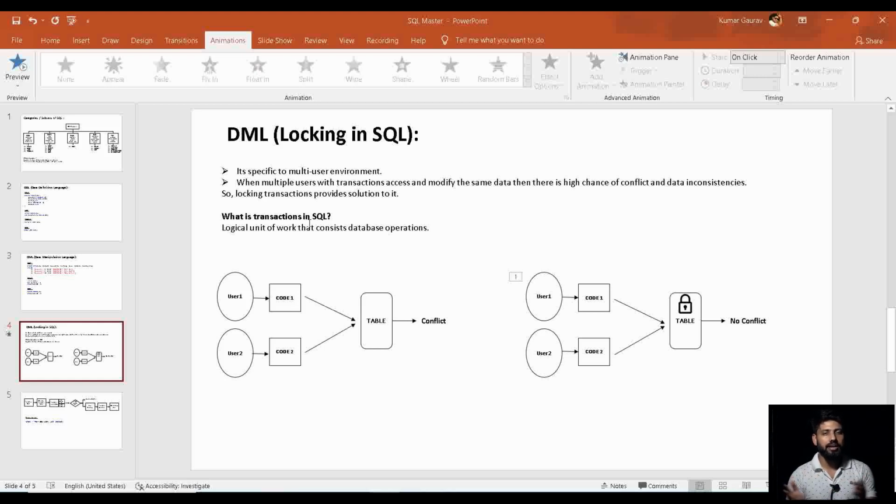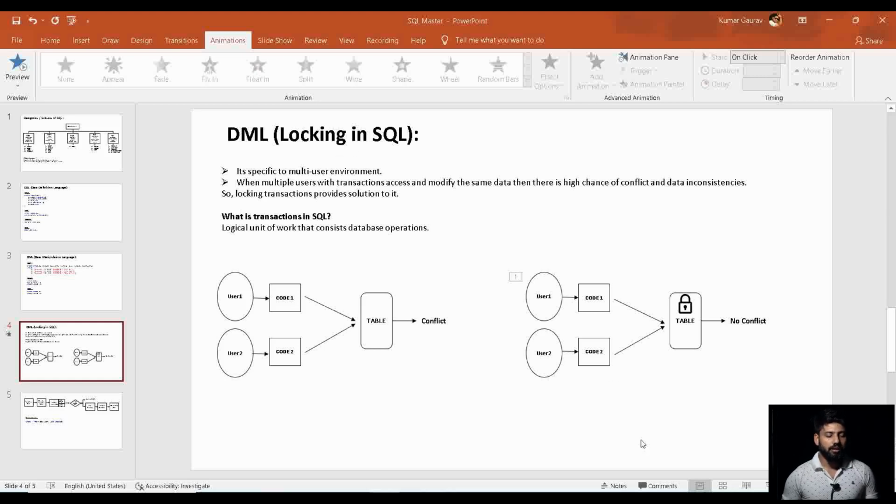All these, when gathered into one chunk, are called a transaction in SQL. So that is only the logical unit of work that consists of database operations. Now we can go ahead with locking in SQL.